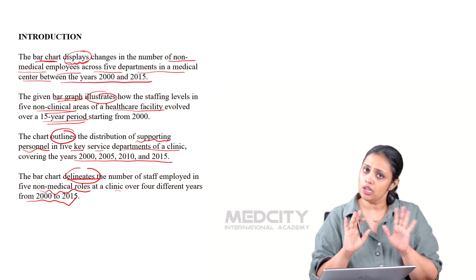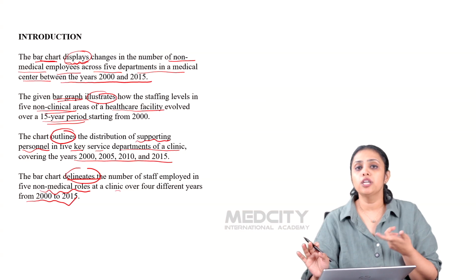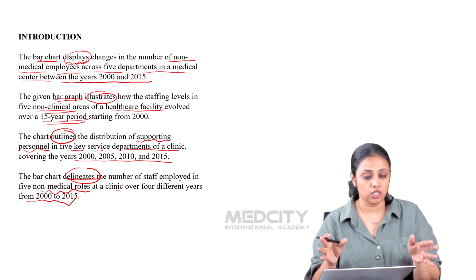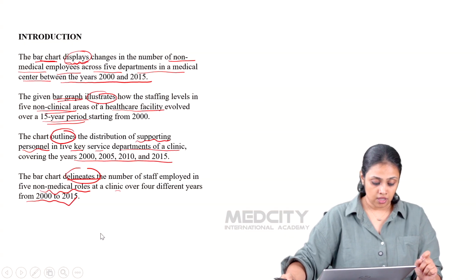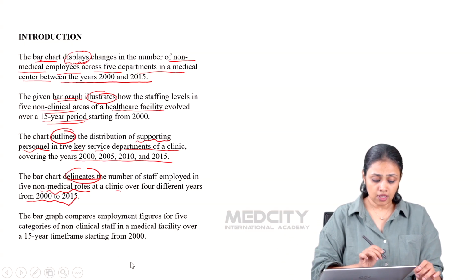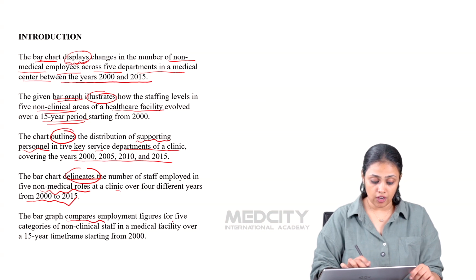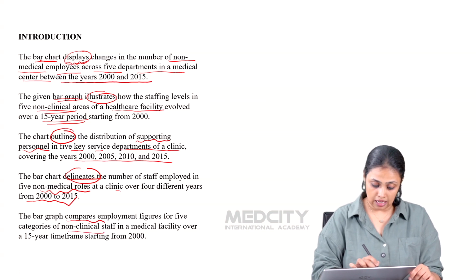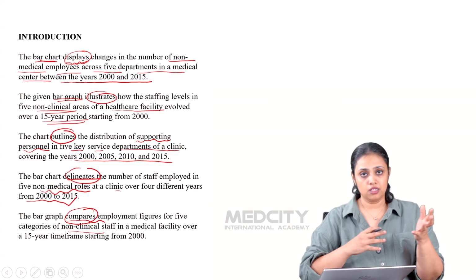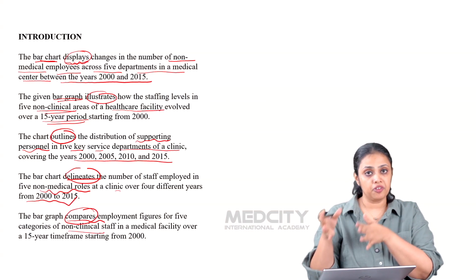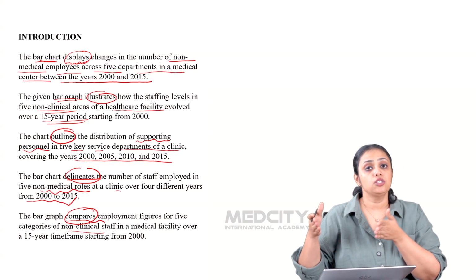If you're able to, it's fine, and if you keep one word as such, that is also fine. It is just looking for your overall language control or language command. Now another way: the bar graph compares employment figures for 5 categories of non-medical staff. Compare, because it is showing a comparison across 4 different years, 2000, 2005, 2010 and 2015.